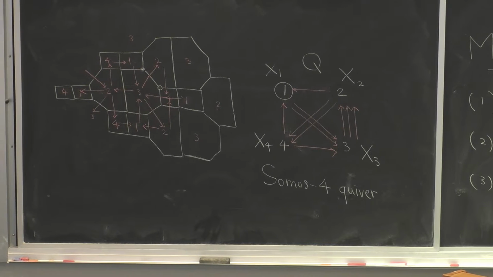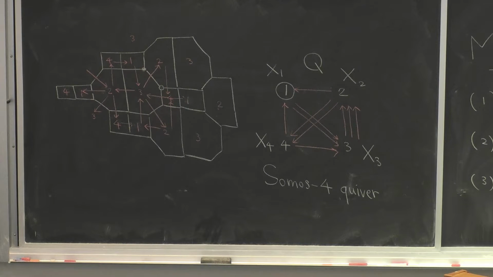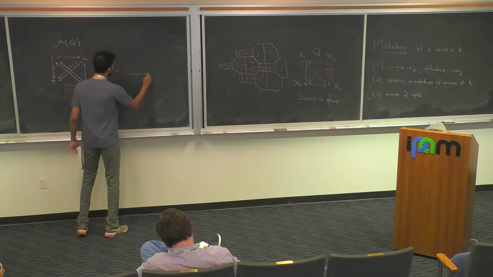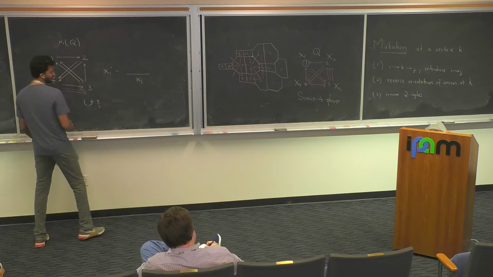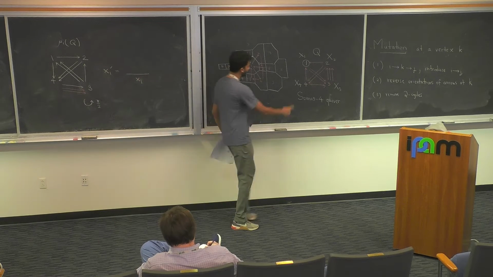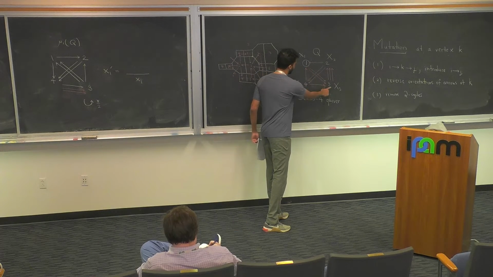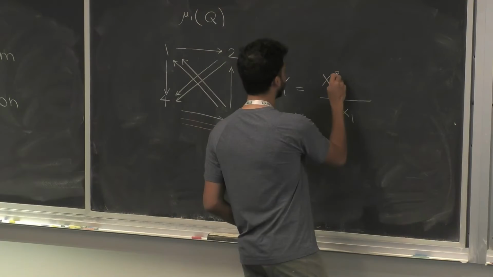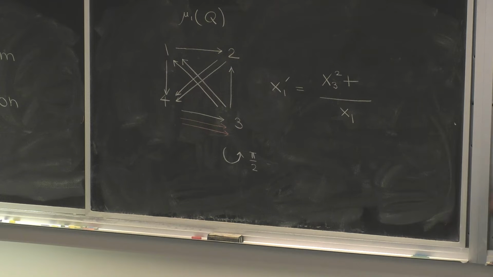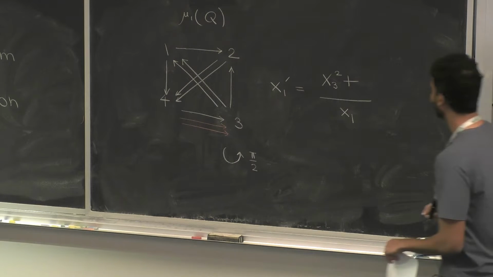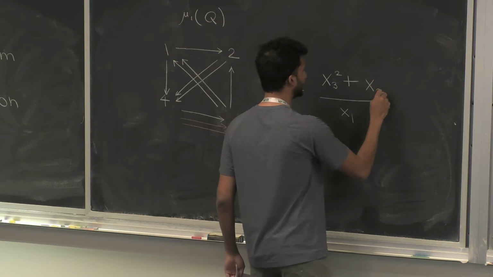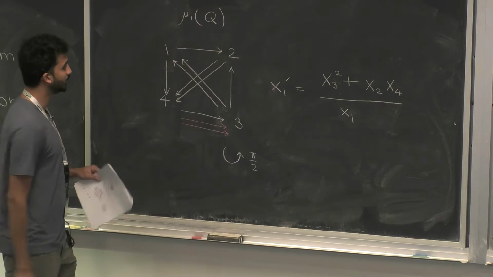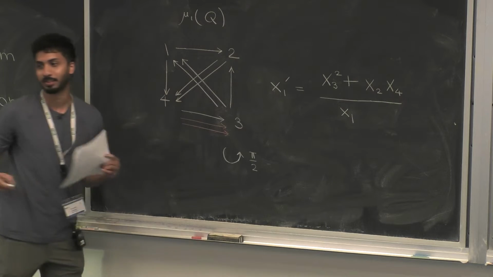And when you apply this mutation, you're going to get a new x1. So x1 prime is going to be the product of all cluster variables where you have outgoing arrows, which in this case is x3 squared, plus the product of all cluster variables where you have incoming arrows, which is x2, x4. And all the other cluster variables are exactly the same.